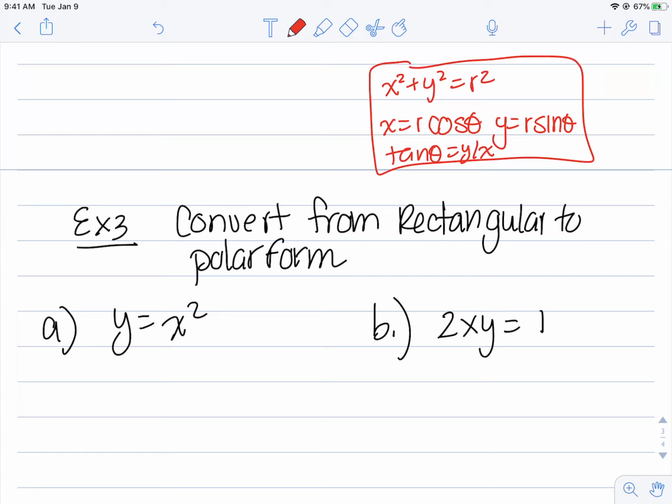Okay, so let's see. y equals x squared. I can substitute y with r sine theta, and I can substitute x with r cosine theta.